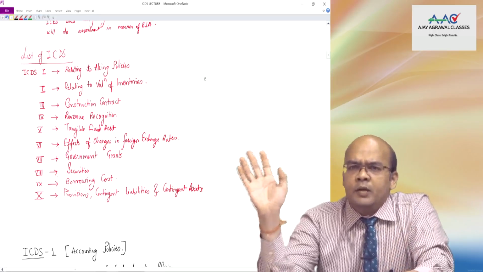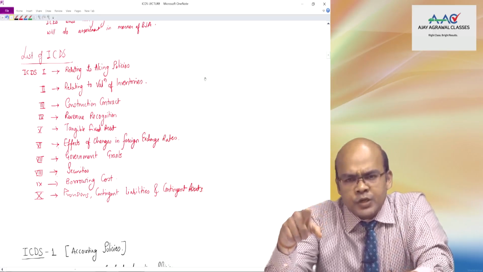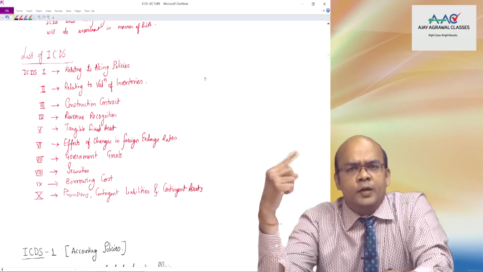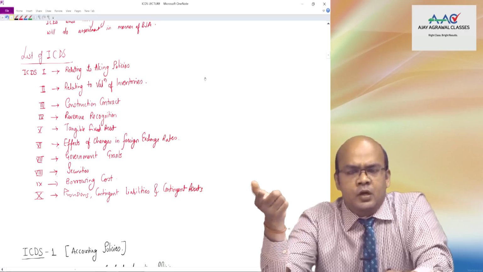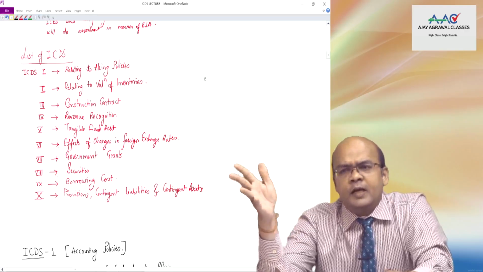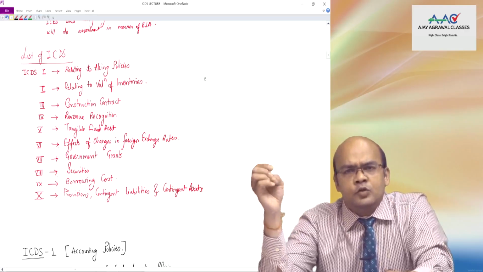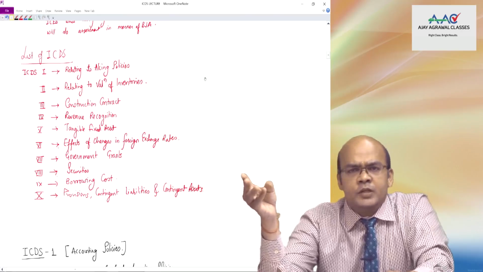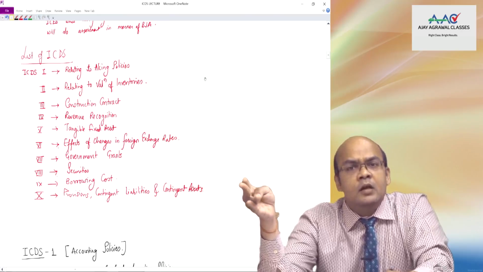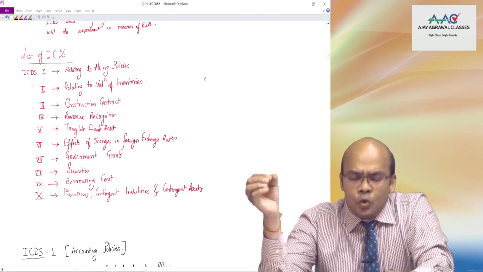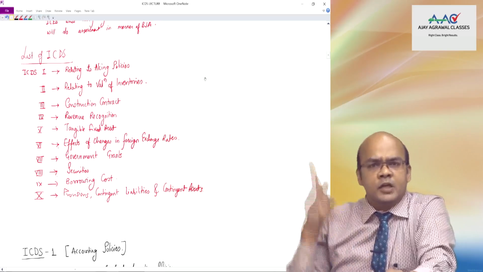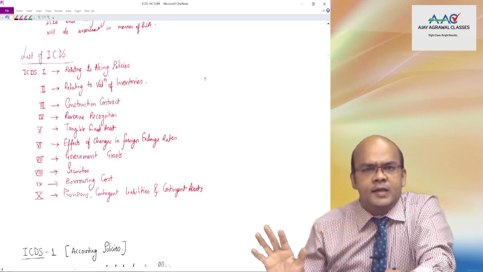Construction contract means what? आपने मुझे कुछ construction का contract दिया है and as per your specification I have to complete the construction. Construction will include the architect services also, manager service also, supervisory service also. So construction, it may be of roads, it may be infrastructure, it may be of building, residential. Fine. So construction contract is different than a builder who himself construct the building and sell it. That will not come in ICDS 3.